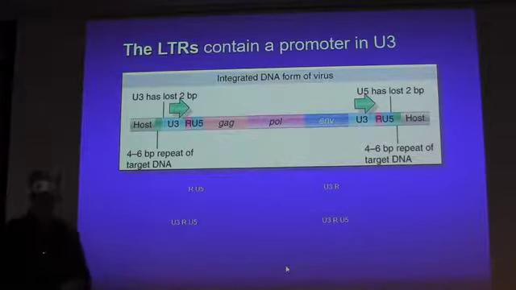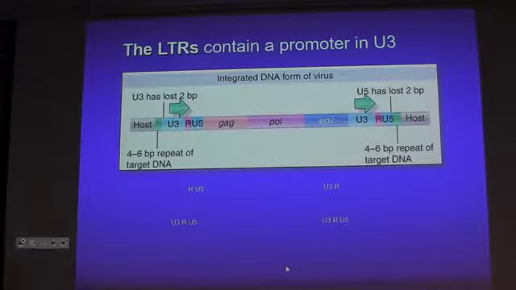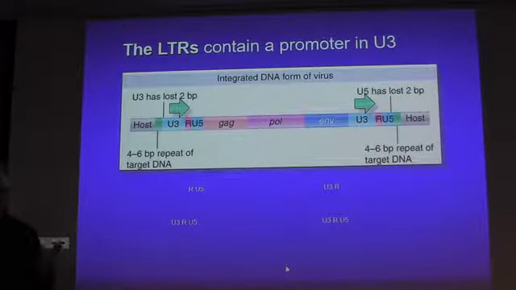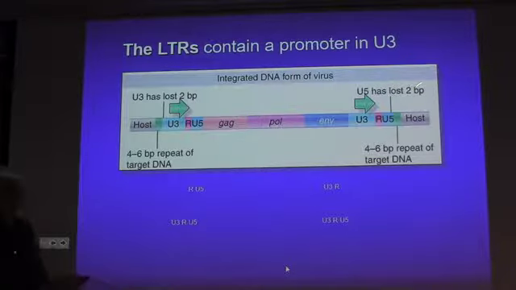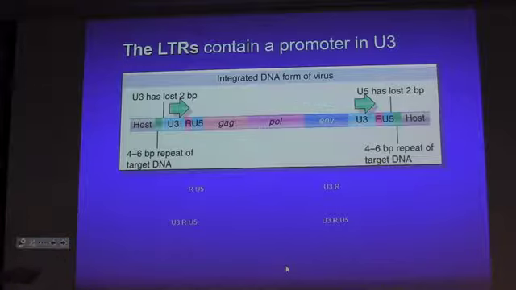This form of the virus, when it's integrated, is called what? A provirus. The provirus form of the life cycle. When it's integrated and it's almost complete except the 2 bases, the C and the A. CA has been cut off from either end.